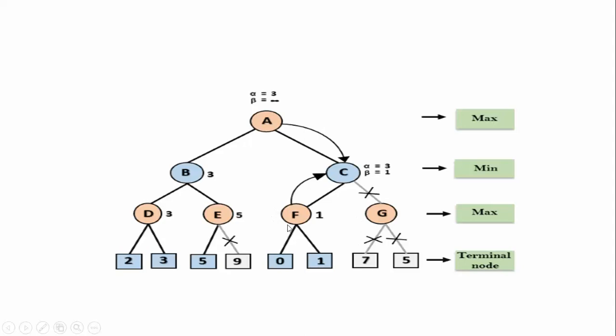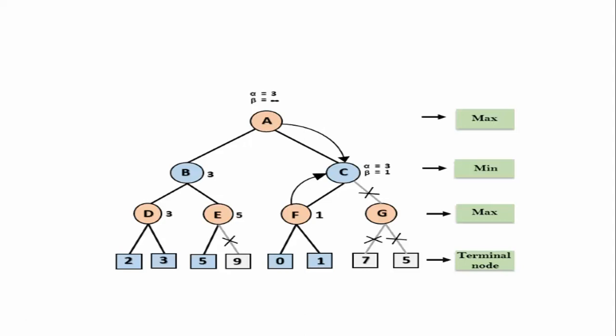See, what is the node value of F here? 1. So now I am going to change the value here. That means I am going to move to the backtracking. What will backtracking do? The node value is going to pass to the C, but alpha value and beta value: alpha is 3, it's a constant. We are not going to change the value of alpha here, but we are going to check the value of beta.